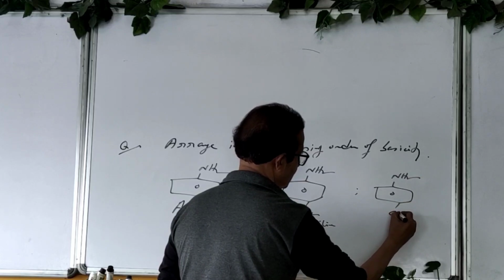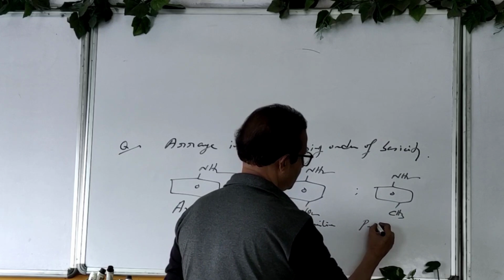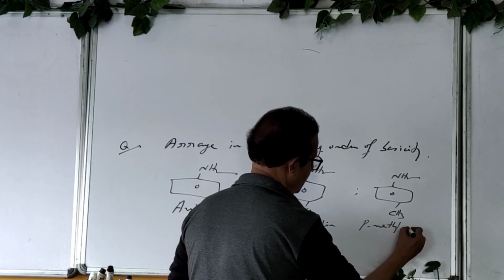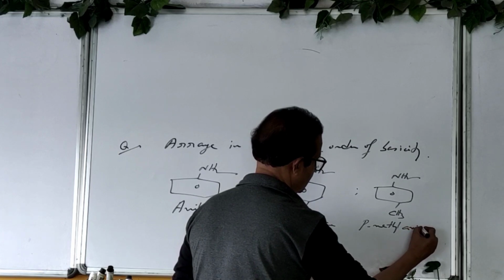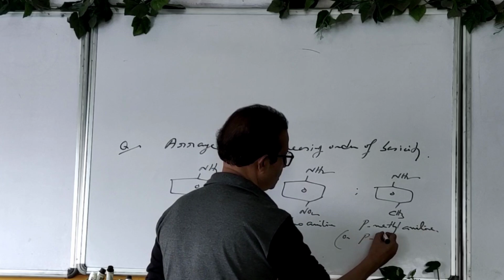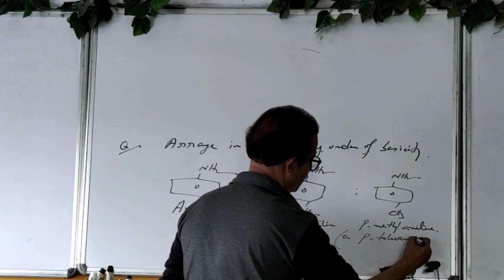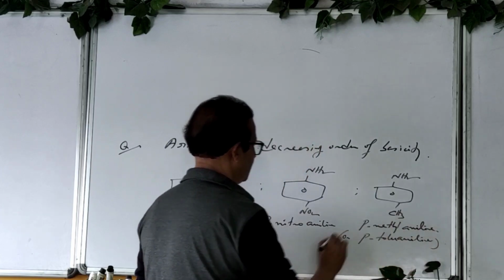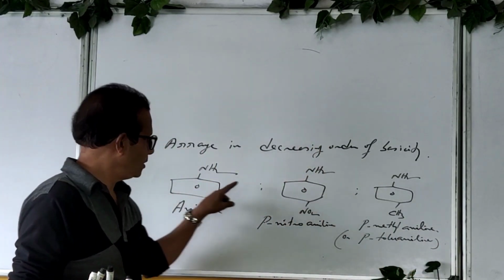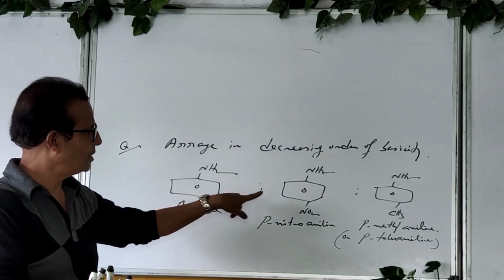And here, say a CH3 group is there, para methylaniline. It's also called para toluidine. So in the first, no substituent is there.